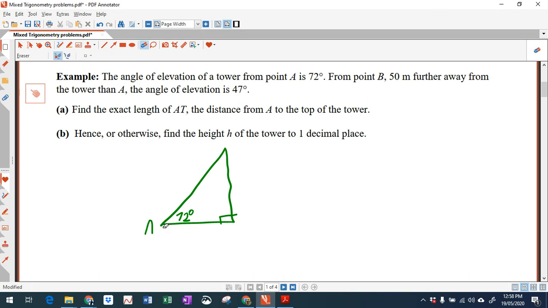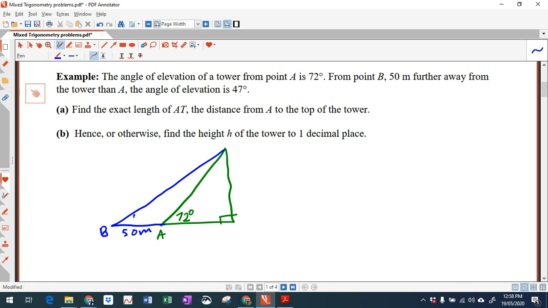Call this point A just there. So I'll extend this triangle here. Okay, so this is 50 metres. And this is point B.